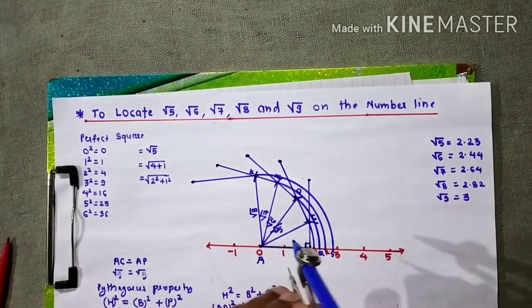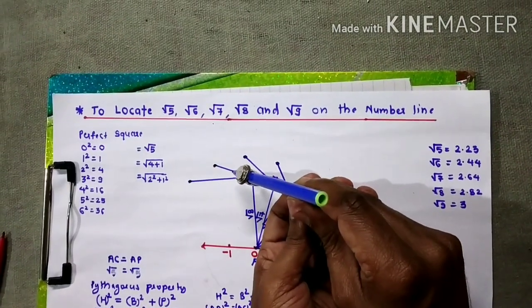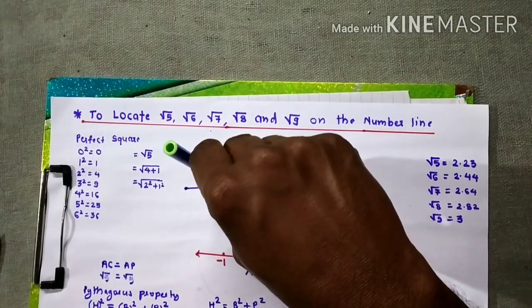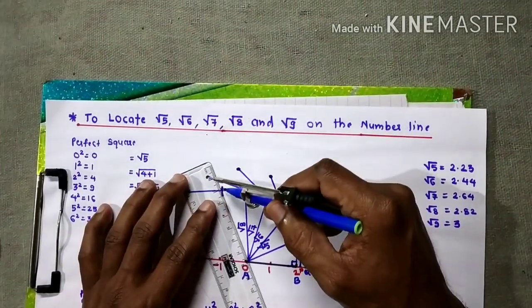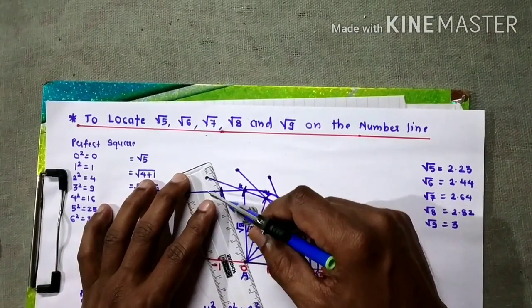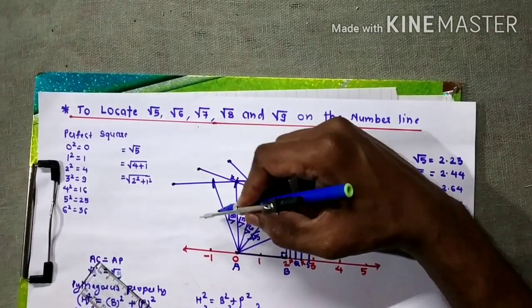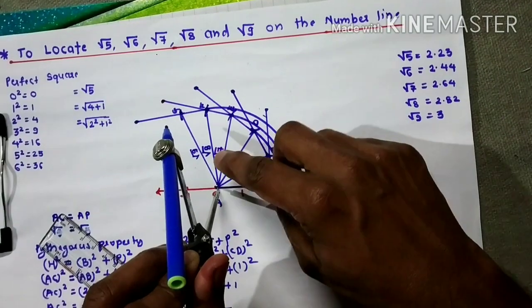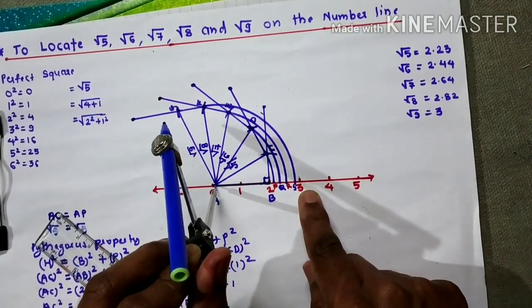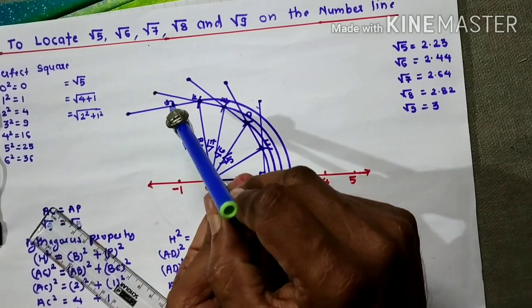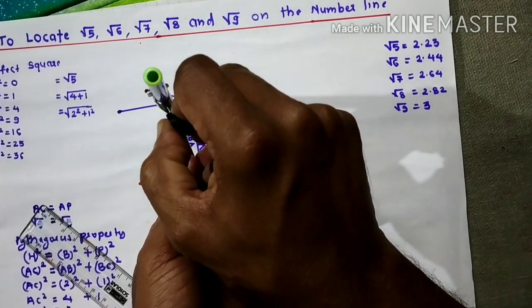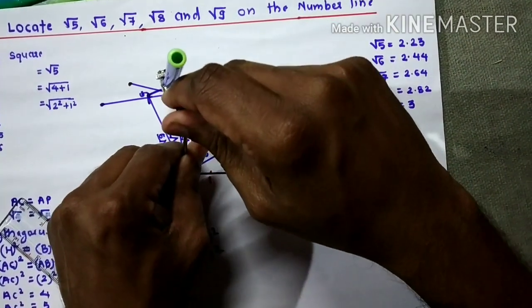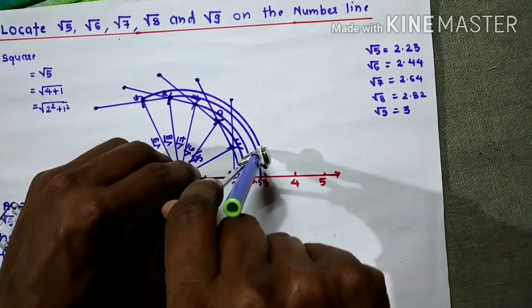This is 1 unit distance, and we have to keep the compass at the point F and cut 1 unit distance like this. Then we have to join these 2 points, and this distance is root 9. Now let us locate root 9 on the number line. For this we have to choose distance AG and draw one arc here like this. Exactly, you will get the value of root 9 as 3.